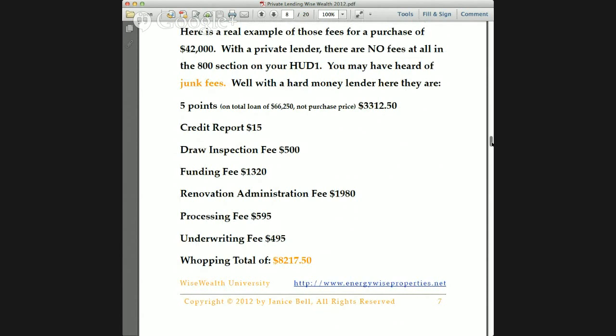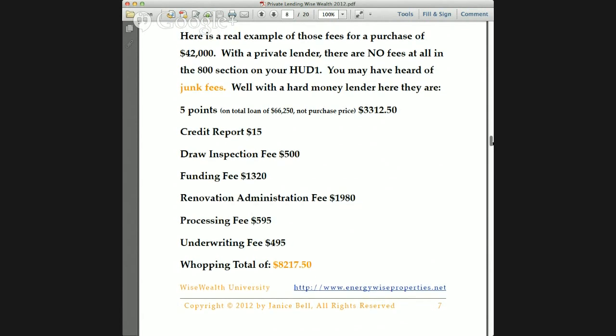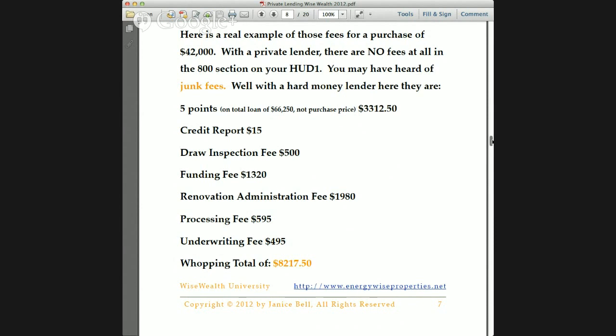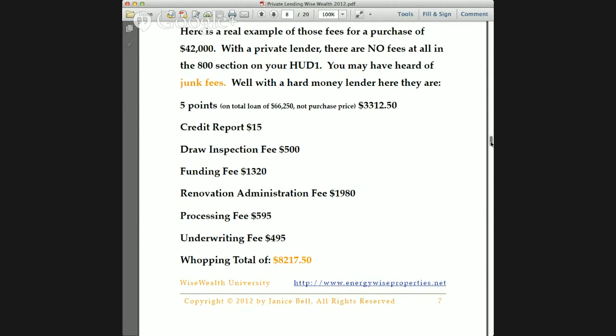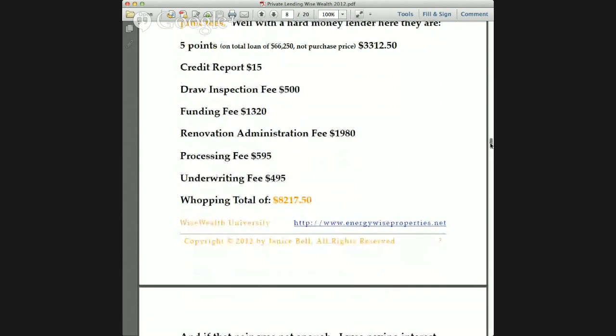They will have a funding fee. That's usually a percentage of the loan. The funding fee is just because they're funding your deal. There's a renovation administration fee. Sometimes that's just for them to analyze and check on your deal. To me, that overlaps the draw inspection fee an awful lot, but they think it should be a separate fee.